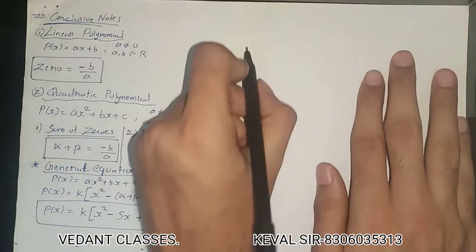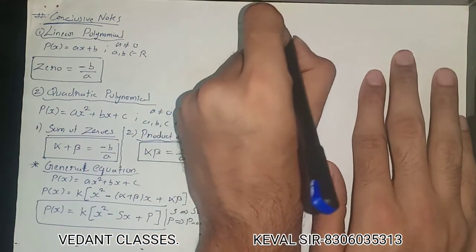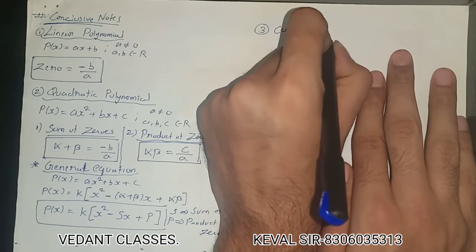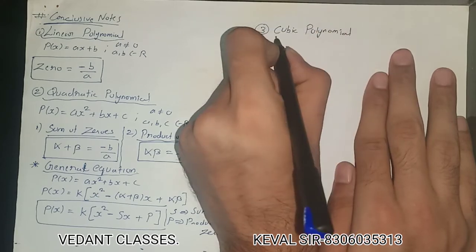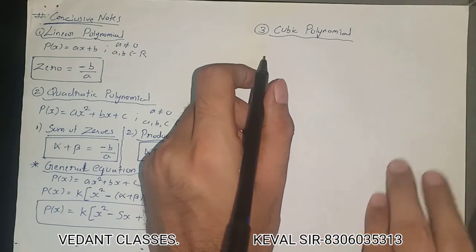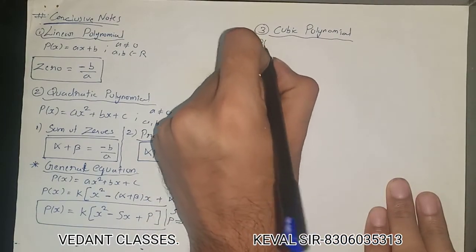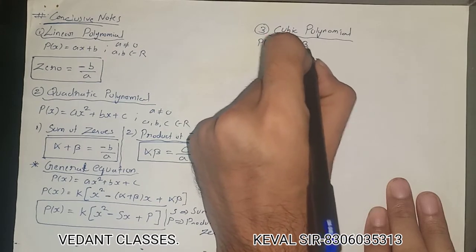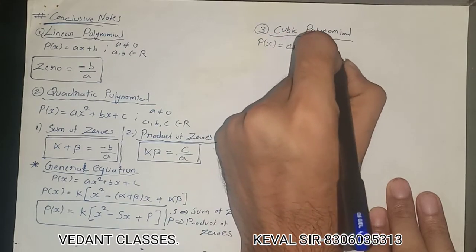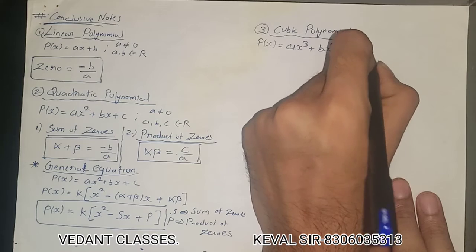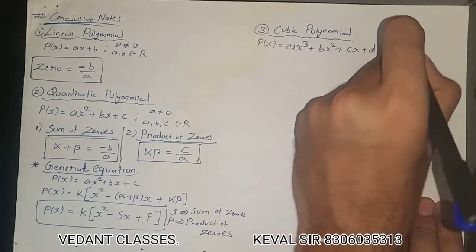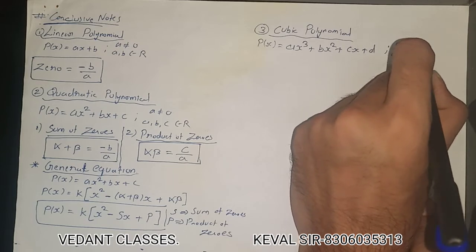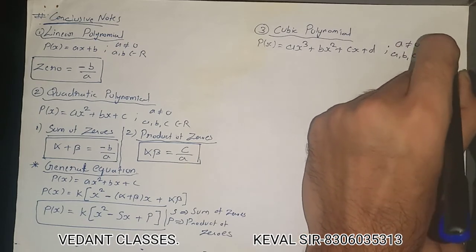Now let's see the third one, that is the cubic polynomial. The standard equation for the cubic polynomial is p of x equal to ax cube plus bx square plus cx plus d, where a is not equal to 0 and a, b, c and d all belong to real numbers.